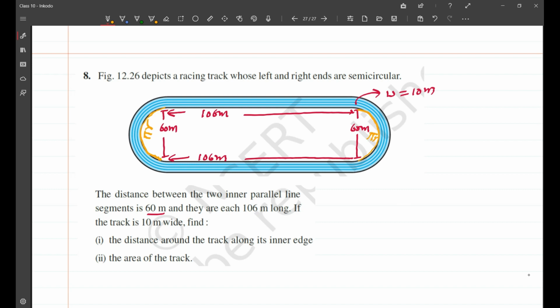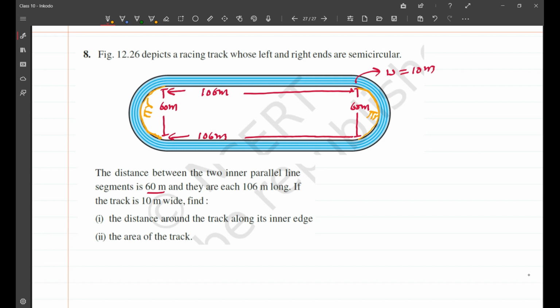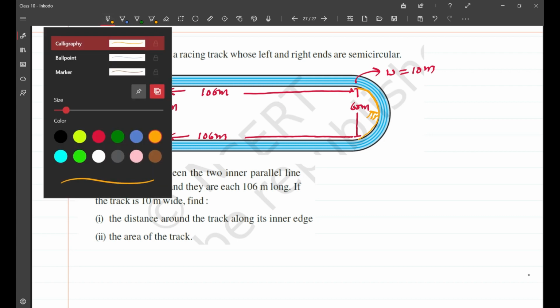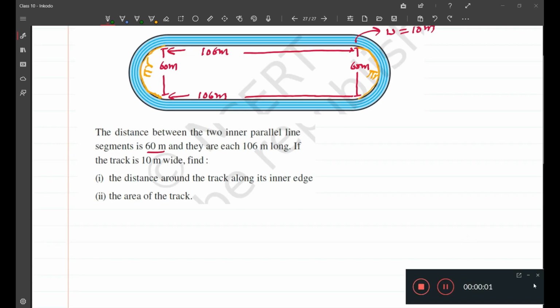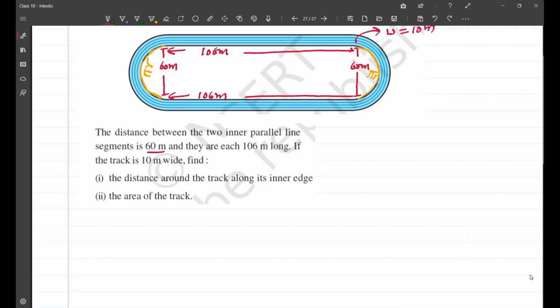In the first part they are asking you to find the distance around the track along its inner edge. Before solving the first part, let us write the data.